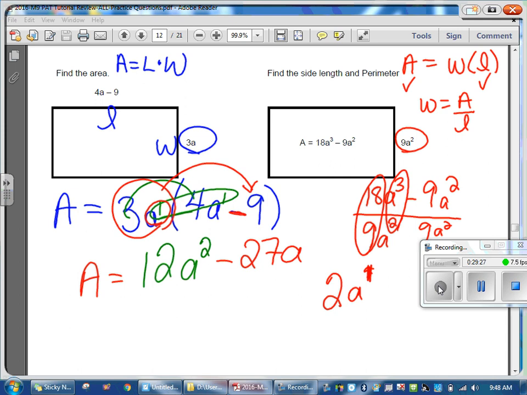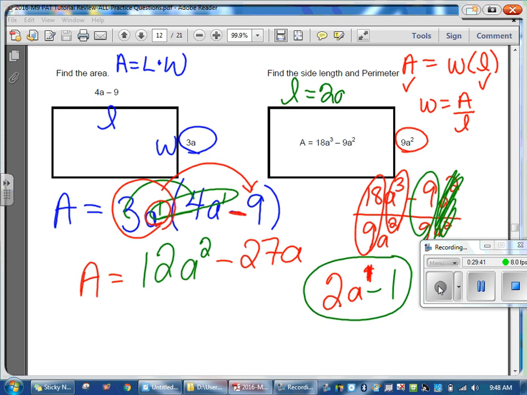So now I've found my length is 2a subtract 1. So now that I know my length, a beautiful question would be, find the perimeter. So if you had to find the perimeter of this question, you would now label all the sides and add everything up that's identical, okay? Add your like terms. When I'm talking about identical, I'm talking about like terms.